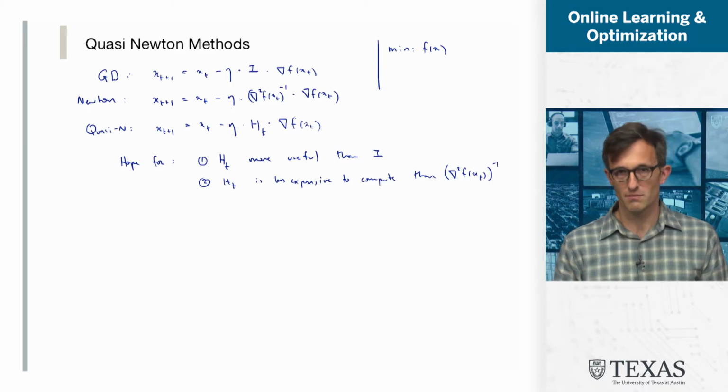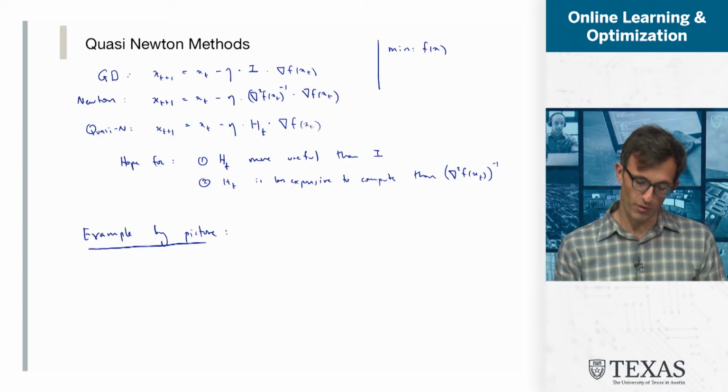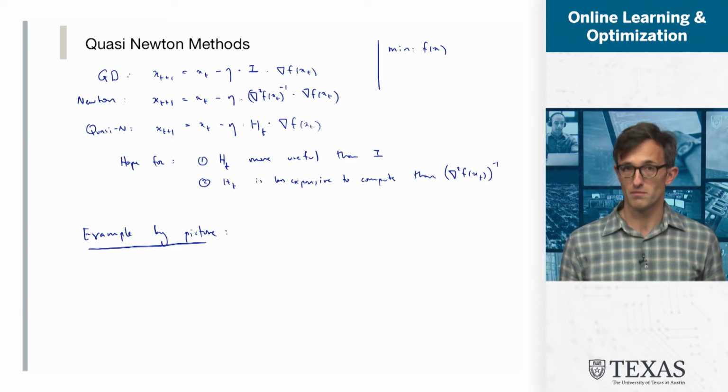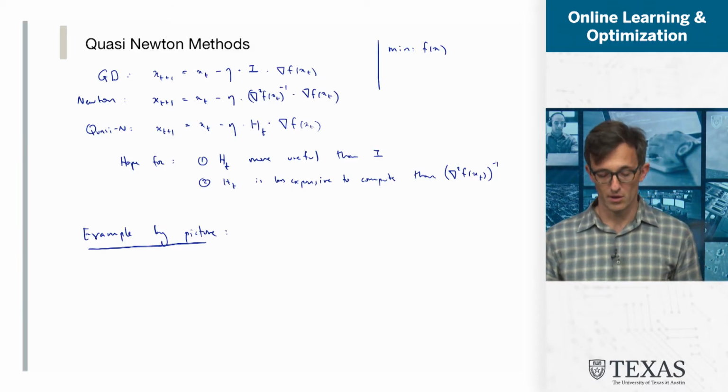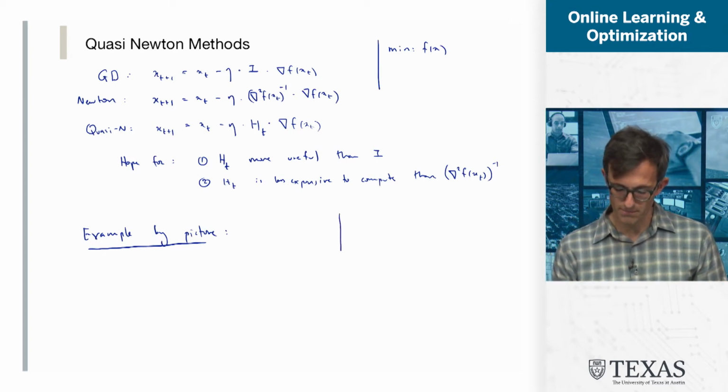So let's first start with an example by picture. It's always important to be able to go back and forth and link your intuition both to pictures, but also to the specific algebra and analysis.